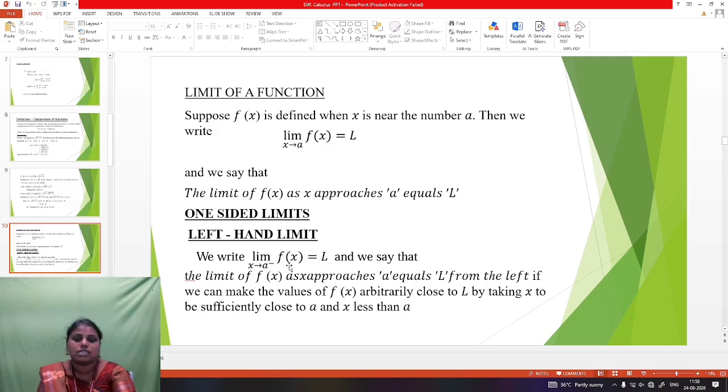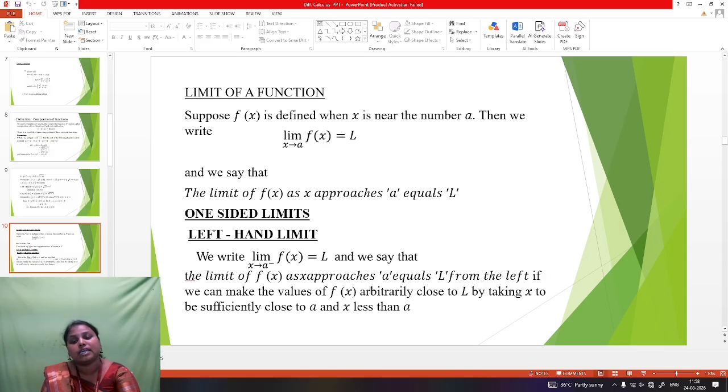Left side values are all negative values. We write limit as x approaches a from the left of f of x equals L, and we say that the limit of f of x as x approaches a equals L from the left.